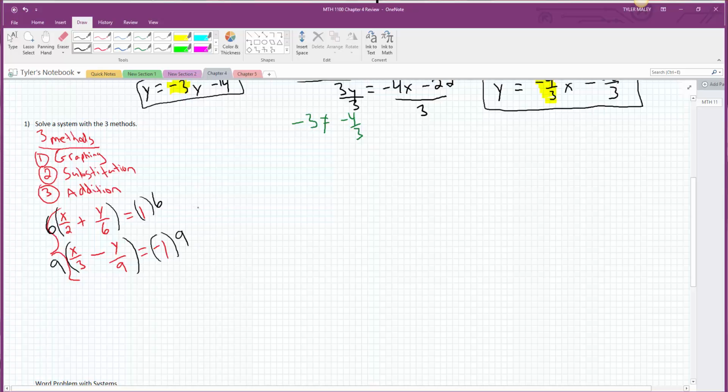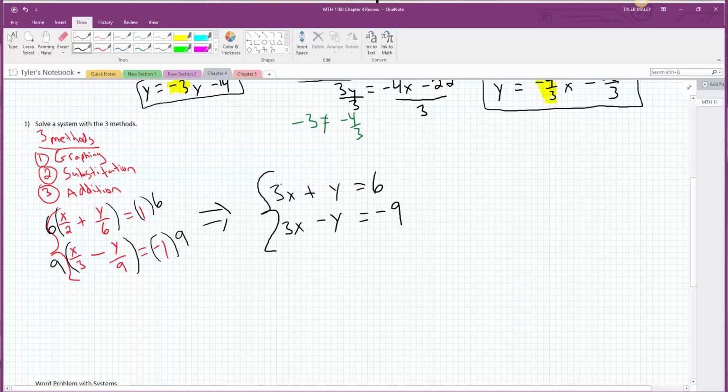In doing this, we end up with 3x plus y equals 6, and 3x minus y equals -9. So there's my system.